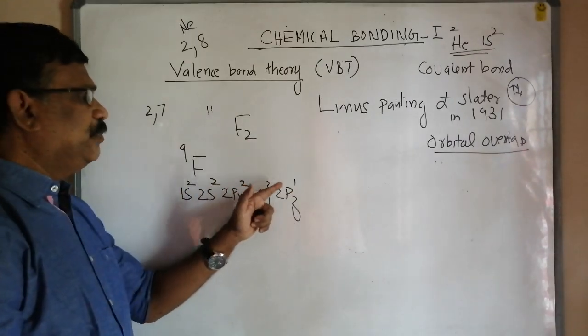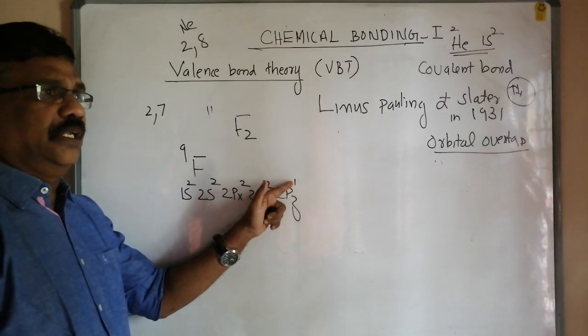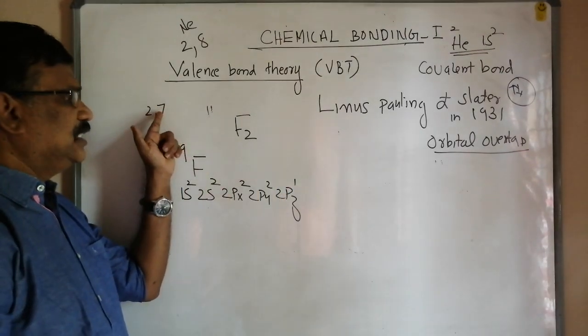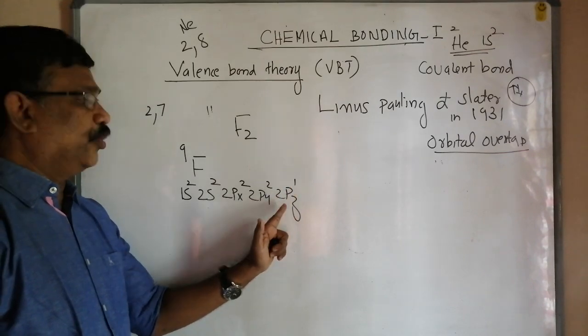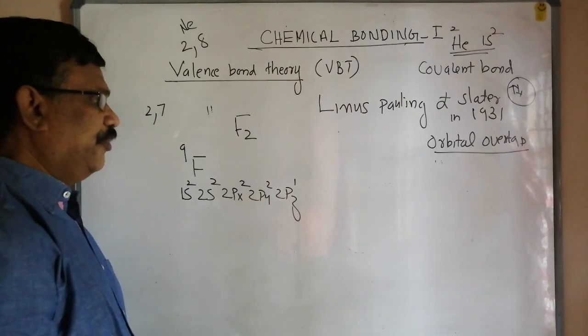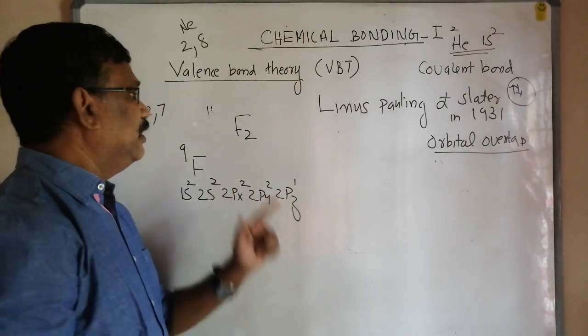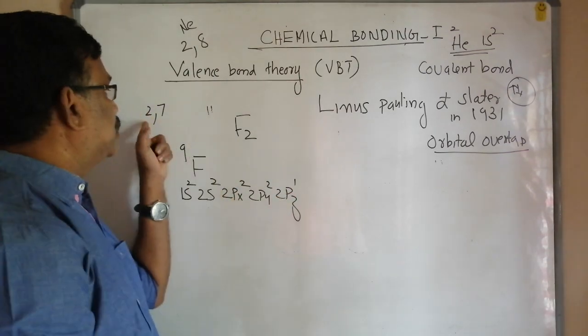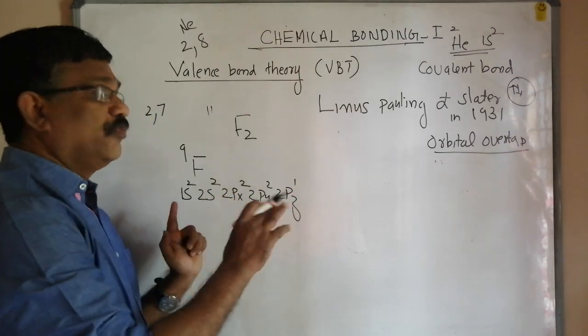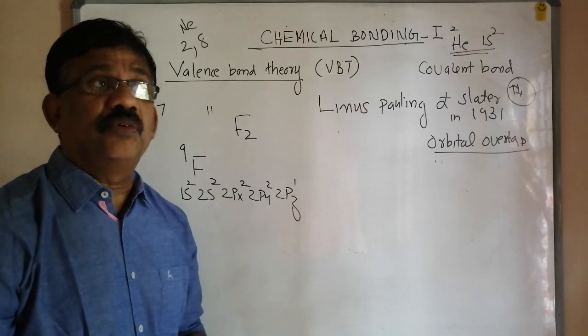These are fully filled orbitals and this is the half-filled orbital. Fluorine has a deficiency of 1 electron in this 2pz orbital. When this becomes full-filled, 2,7 becomes 2,8.